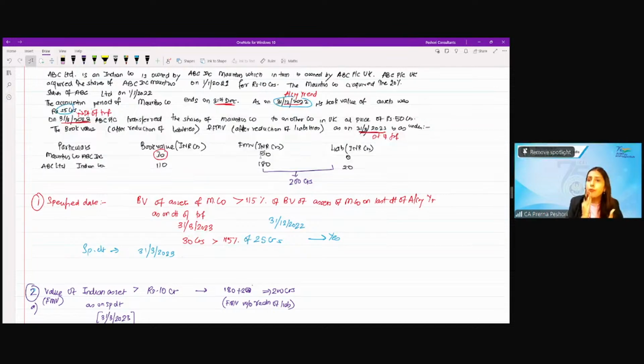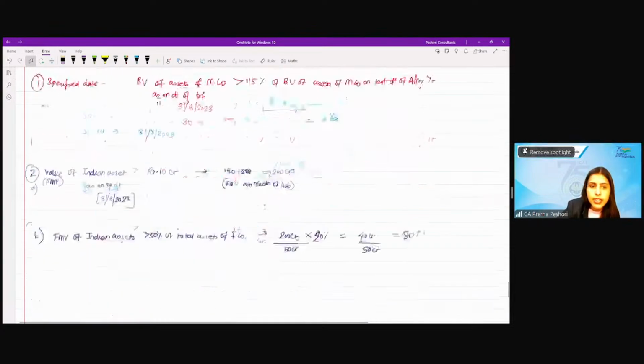So therefore, you will take 40 divided by 50. Is it clear, students? So indirect transfer is getting triggered. Are we clear whether the indirect transfer gets triggered here or not? Any questions so far? Is this much understanding clear to you? Yes, triggered. Fine. So, therefore, this indirect transfer gets triggered.